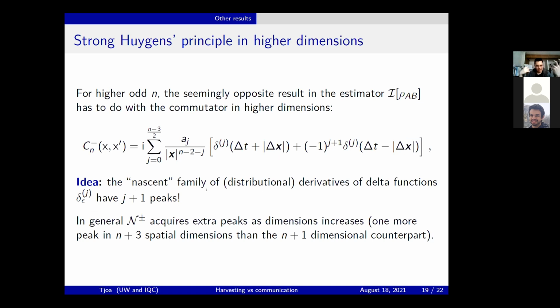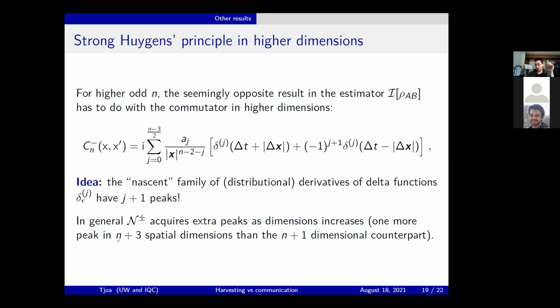And you know that every time you differentiate a Gaussian once, you gain an extra peak, one peak at the top and one peak at the bottom, and then when you take a modulus sign, which is what happens when you compute N, the peak will flip up, so you gain extra peaks. You can just check this by brute force or combinatorially, that in general your N plus and minus gain extra peaks for every dimension they climb.